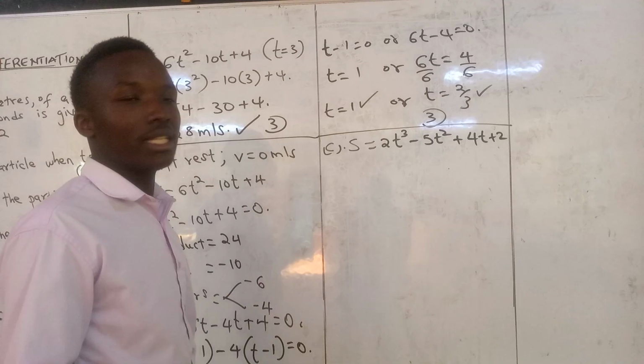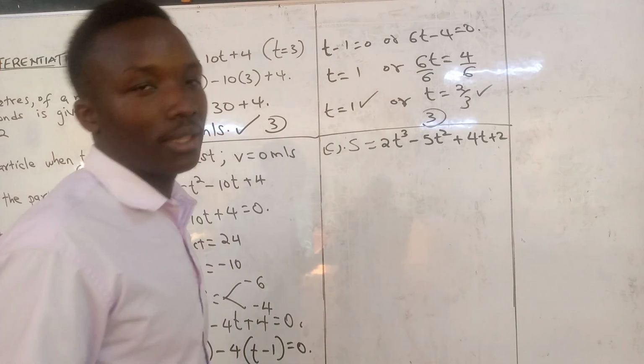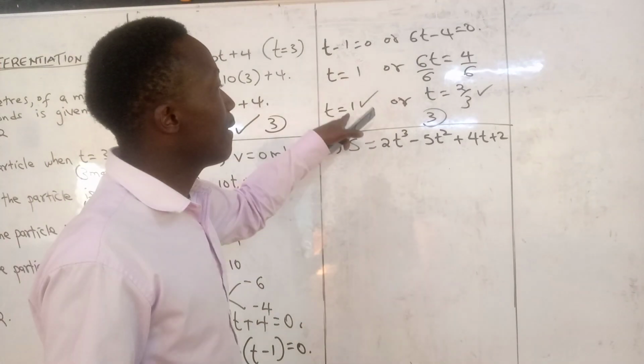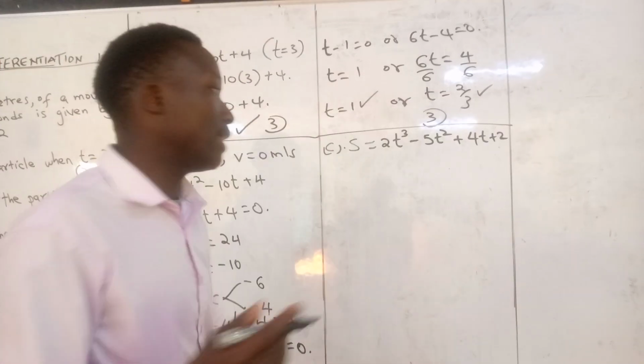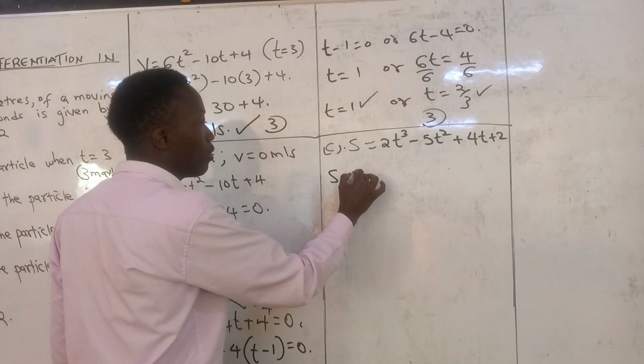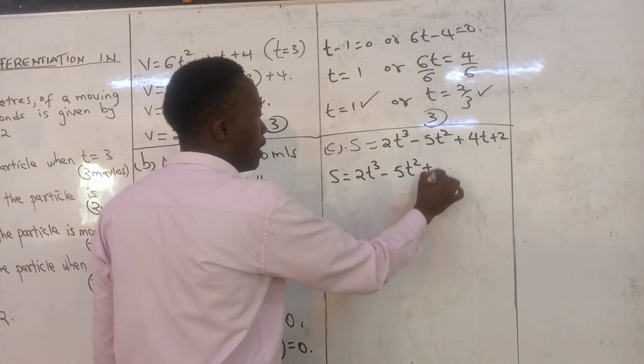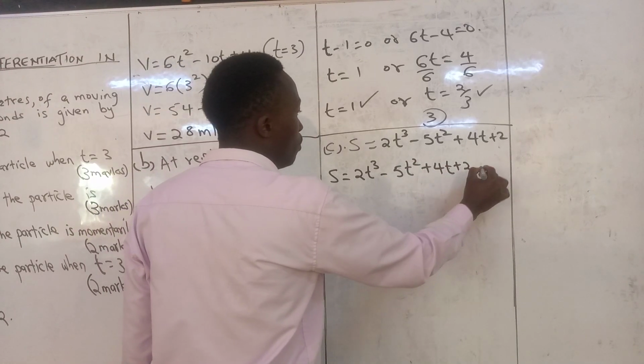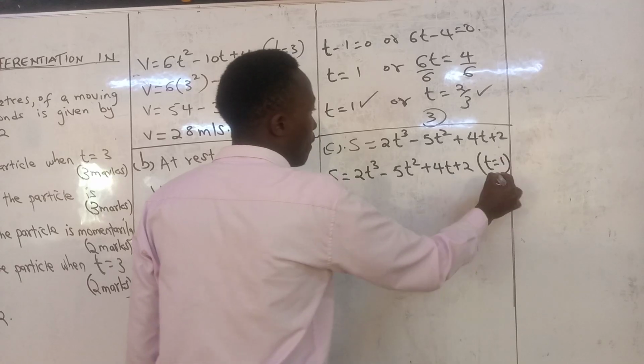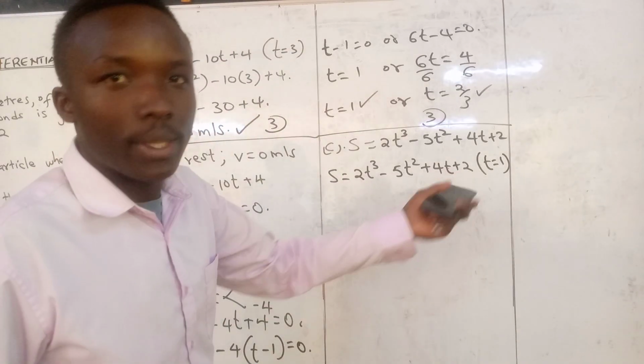So we are being told to find displacement when at rest. And at rest, t is 1 and t is 2 over 3. So we will say S is equal to 2t cubic minus 5t squared plus 4t plus 2 when t is equal to 1. So we substitute all values with 1.